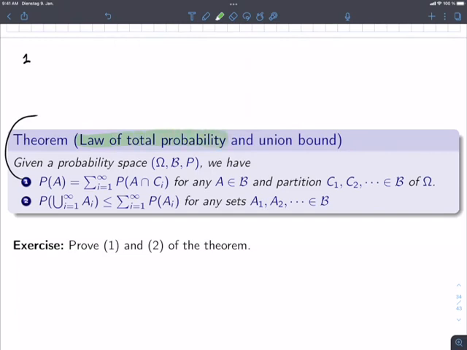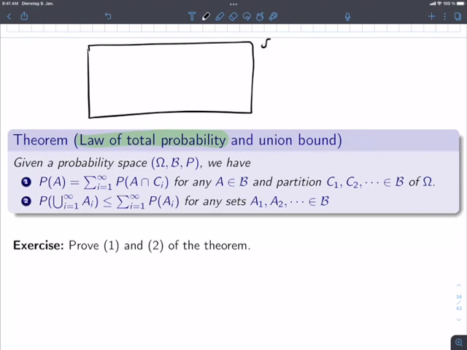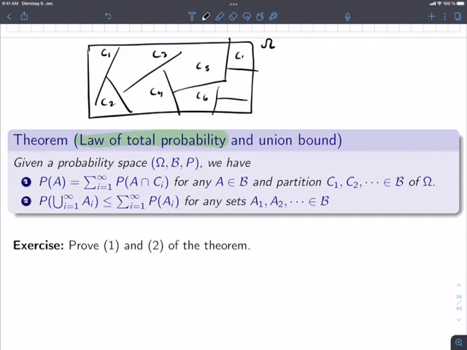The basic idea behind the law of total probability is that we have some partition of the sample space. Partition, again, means that the union of all these sets gives us the whole sample space, but they're pairwise disjoint. So Ci intersect Cj is empty for all i not equal to j.